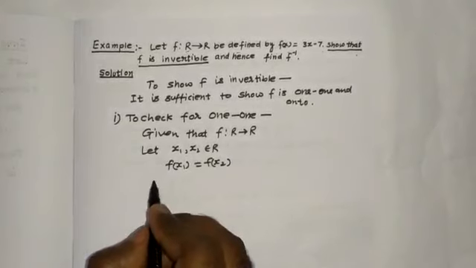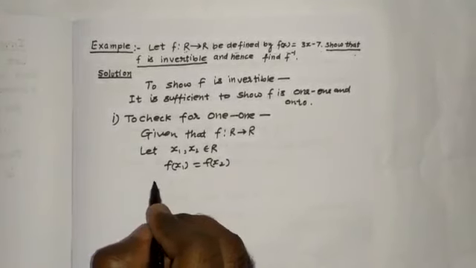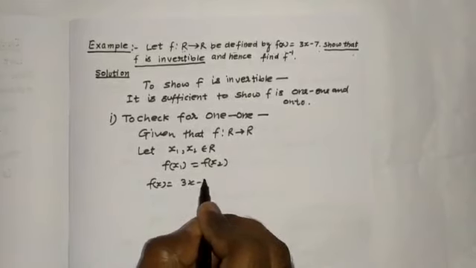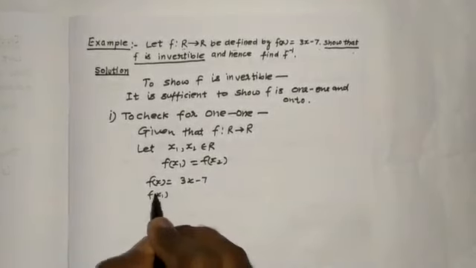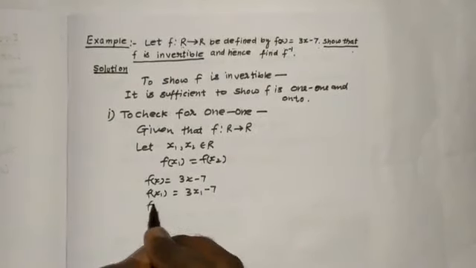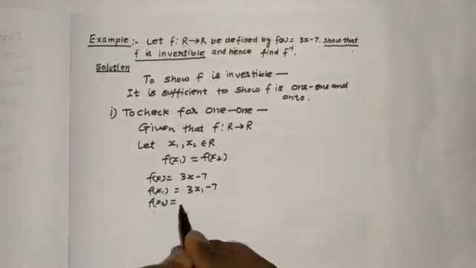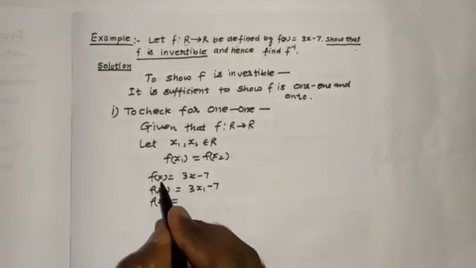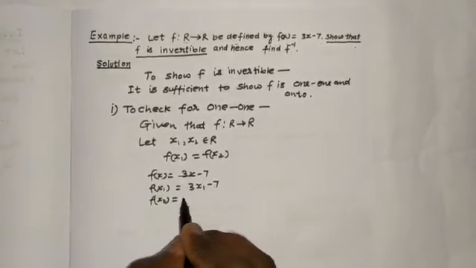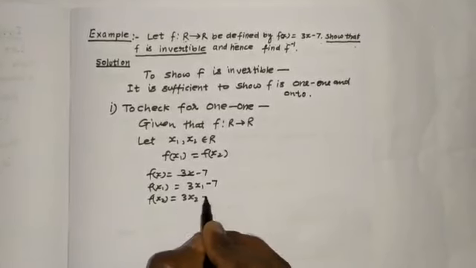Now find the value of f(x1). The given f(x) equals 3x minus 7, then f(x1) equals 3x1 minus 7, and f(x2)? How will you find the value of f(x2)? Substitute x equals x2 in this function: 3x2 minus 7.